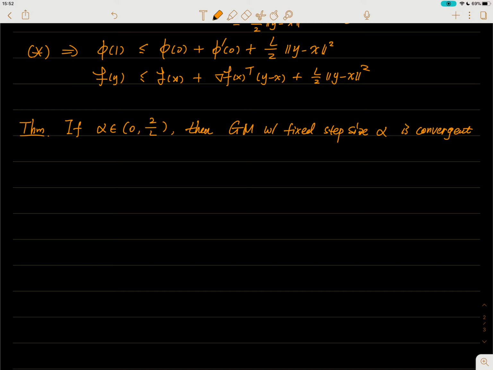Okay, so the proof is this. Now remember that the gradient method with the fixed step size is this, so just recall it. Okay, so this is the gradient method with step size alpha.